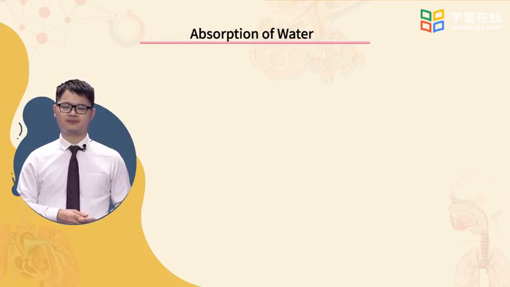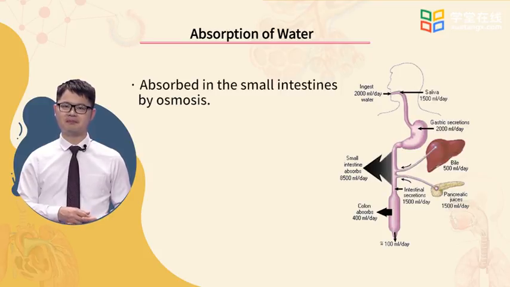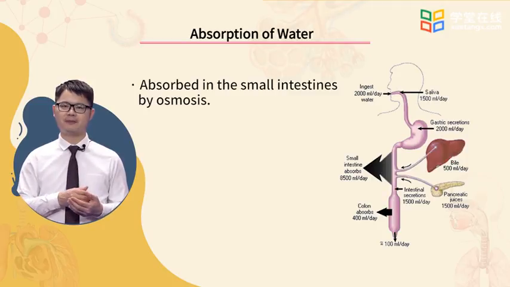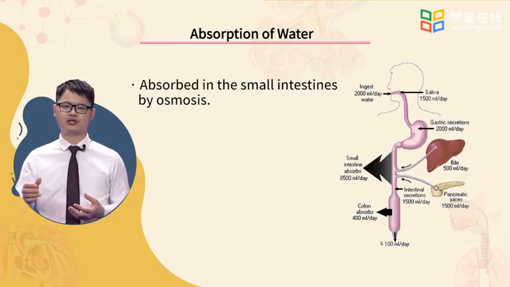Water absorption. 95% of water is absorbed in the small intestine by osmosis. Water uptake is coupled with solute uptake, and water moves into the mucosal cells, and substances follow along their concentration gradient.